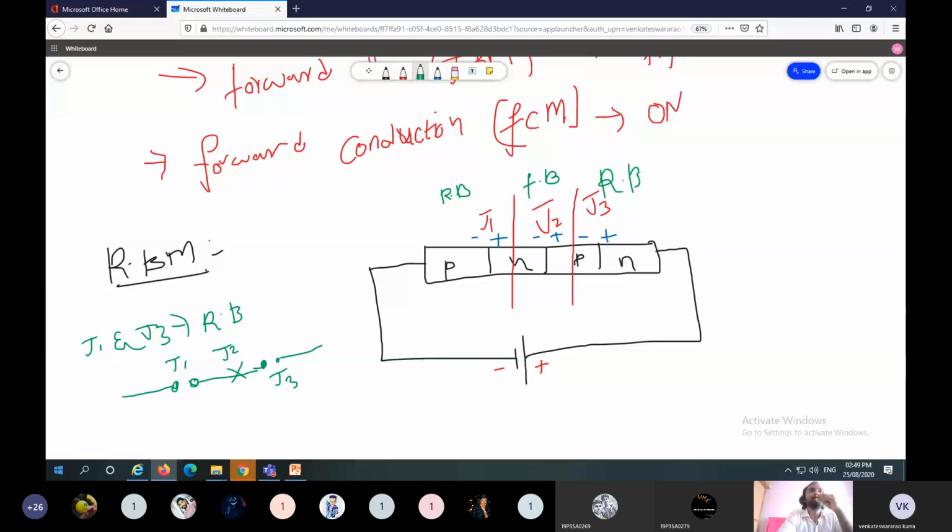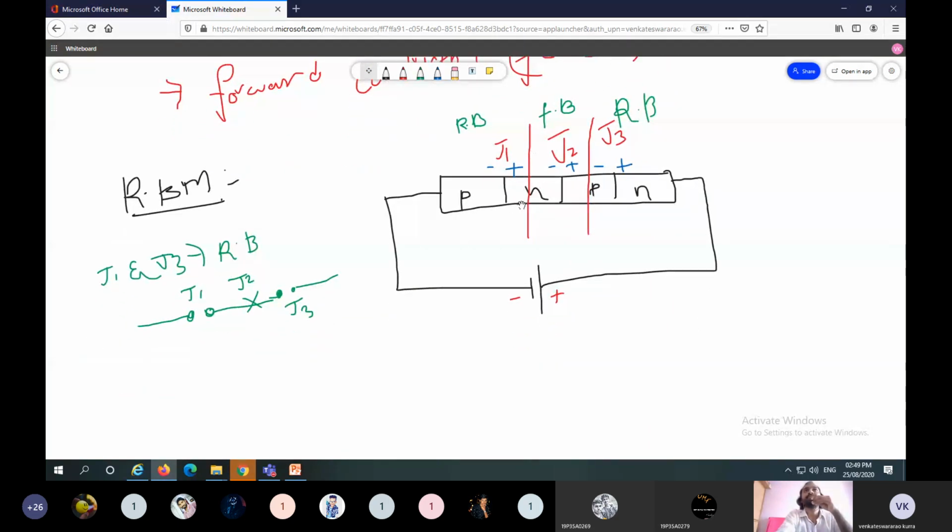The N minus layer is a lightly doped region, so it takes the complete responsibility of blocking a high amount of voltage. The N plus region is not responsible for blocking a high amount of voltage.